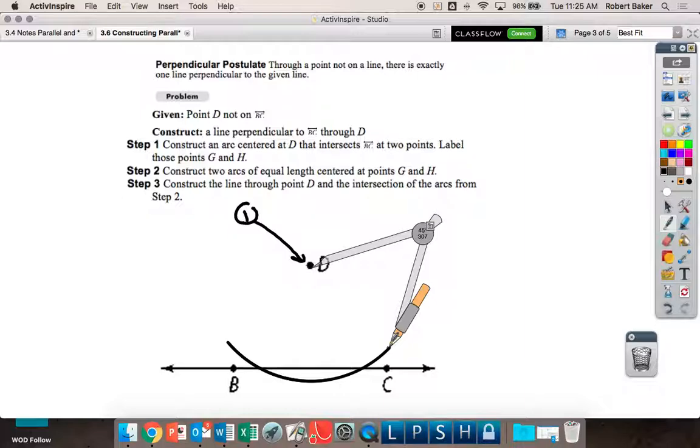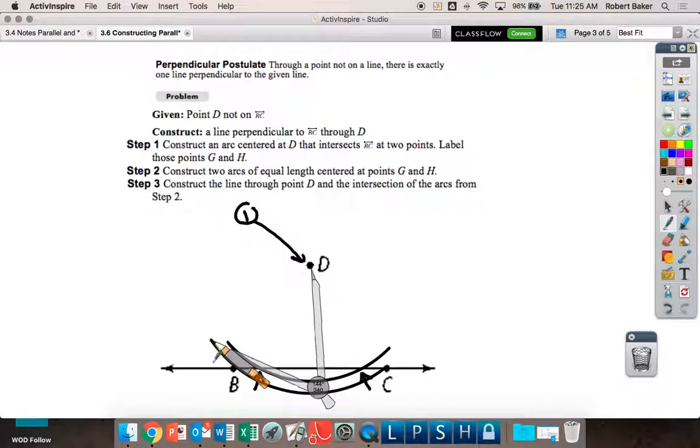The intention of this problem is to create 2 points. I created this intersection and this intersection. If you get lucky, you could stretch your compass out to C, and you could use those 2 points I created for you. See that?